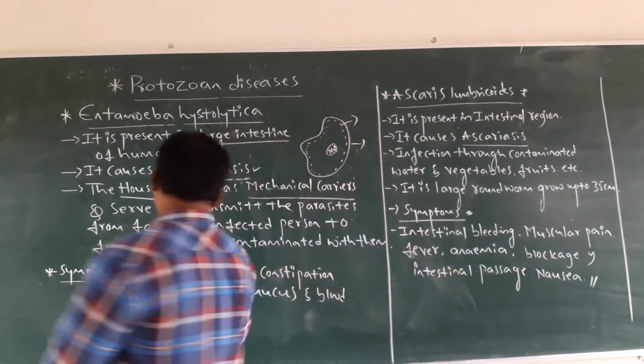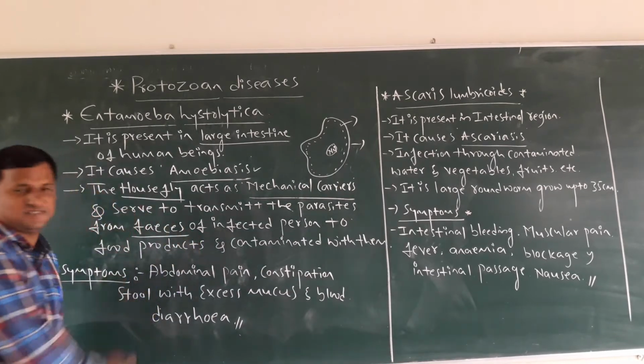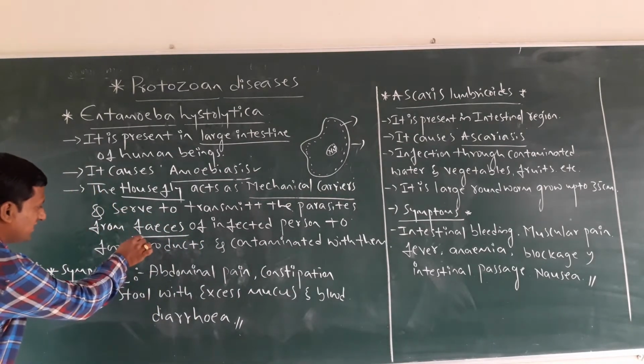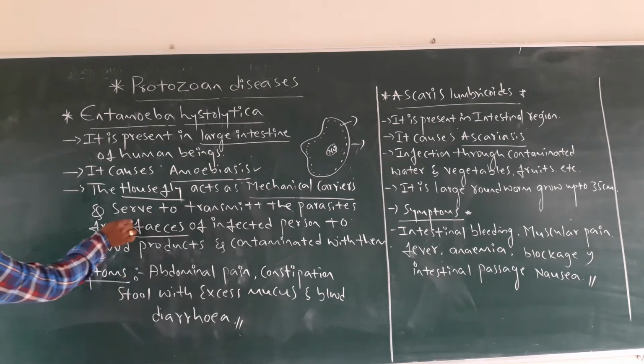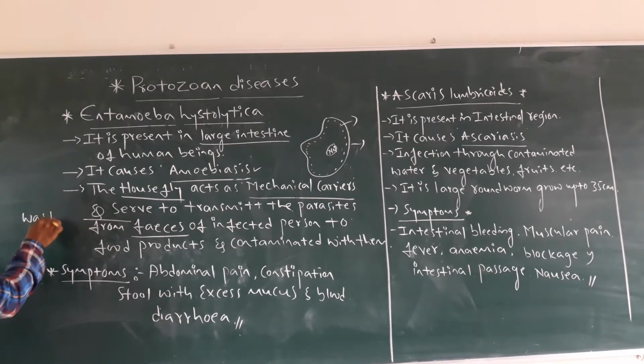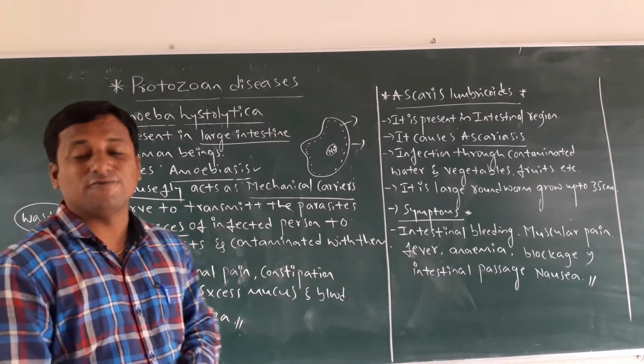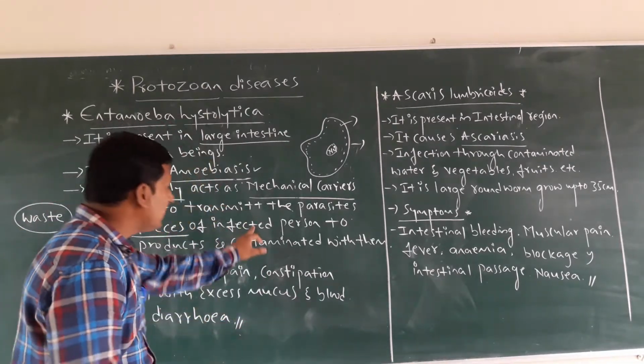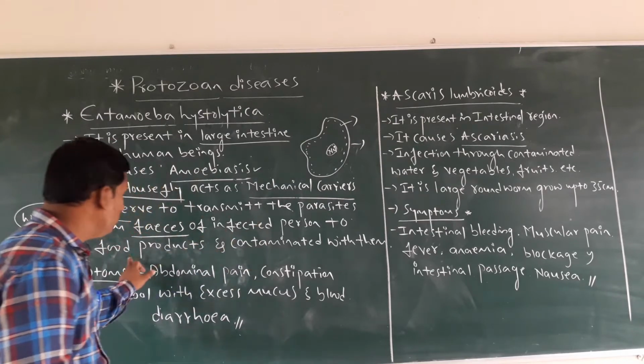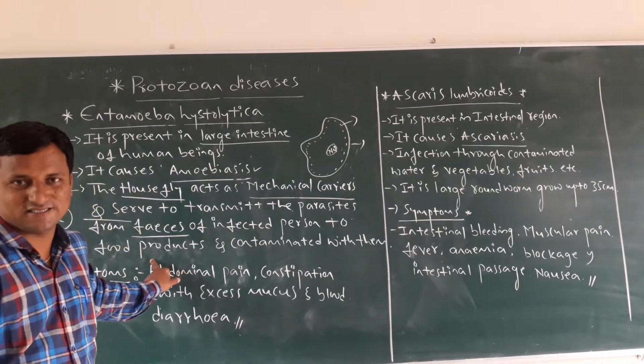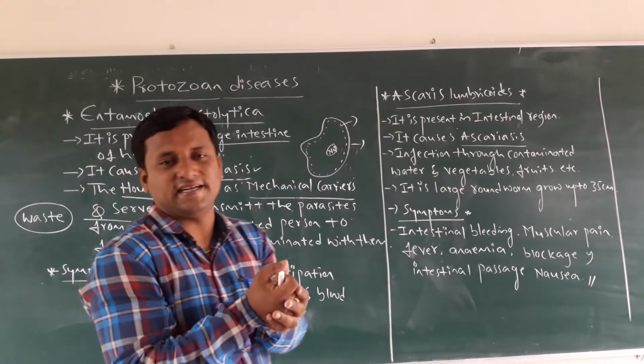Here comes a new word, feces. What is feces? Feces means waste material, nothing but the excreted waste material of an infected person, to the food and food products, which get contaminated.